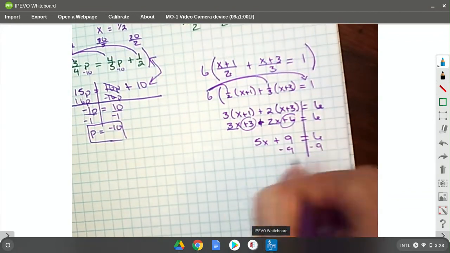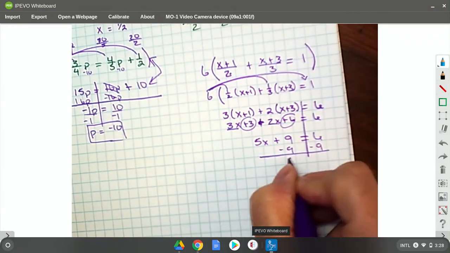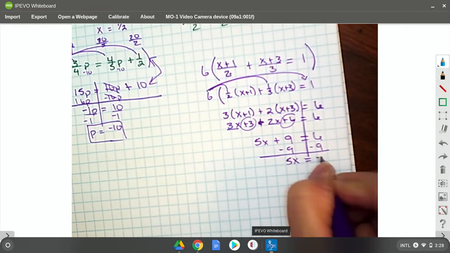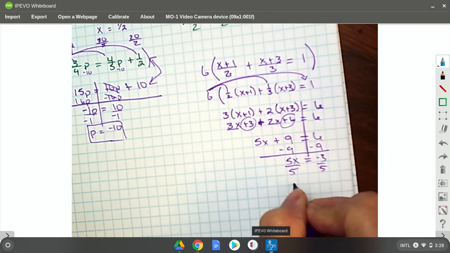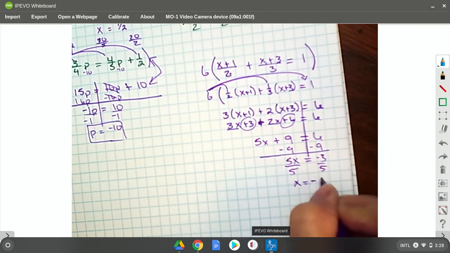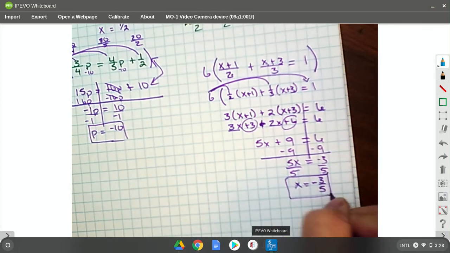Subtracting that 9 from both sides. 5 times x equals a negative 3. Dividing by that 5, and x is equal to a negative 3/5. Again, don't do more work than needed. Leave that fraction alone. Okay?